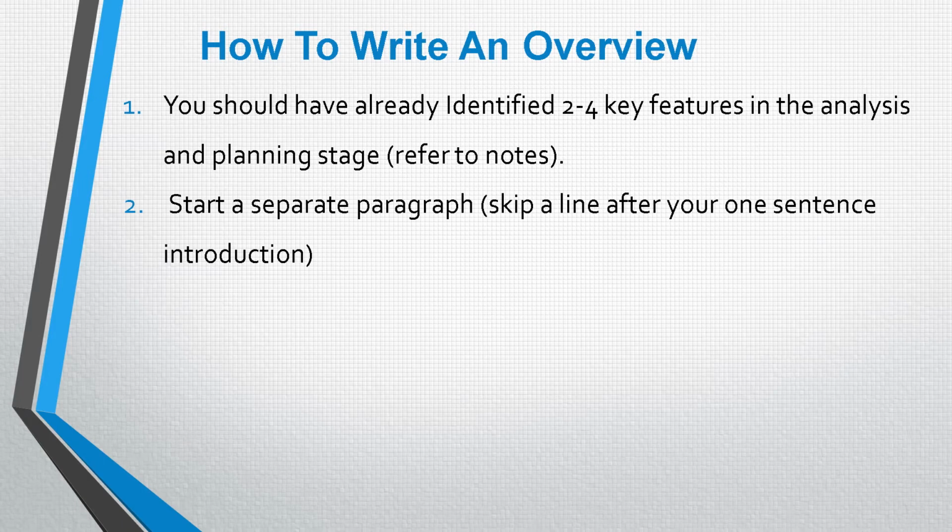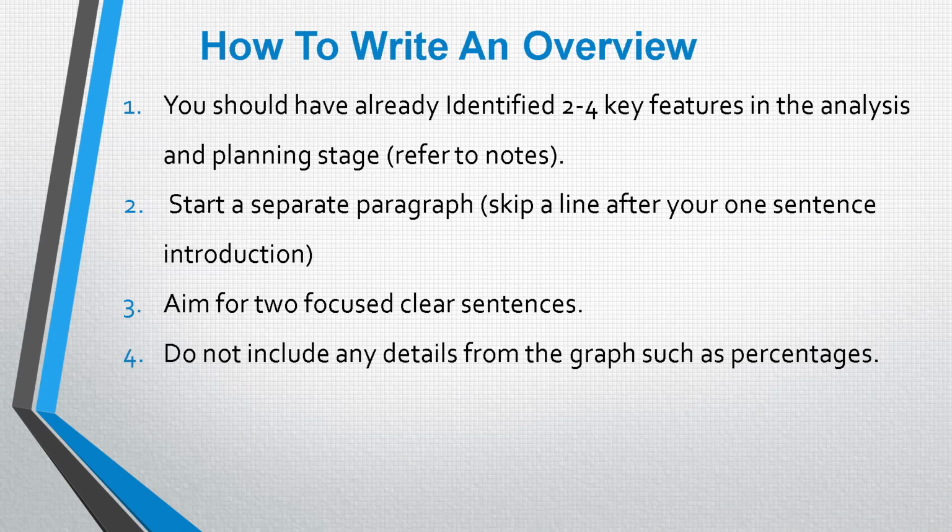So then you're going to skip a line after the introduction to show that it's clearly a new paragraph. And you're going to write 2 focused and clear sentences. You're not going to include any details from the graph, such as percentages, although you can include dates. This is acceptable, but any other numbers, such as percentages, pounds, or weights, we're not including them in the overview.